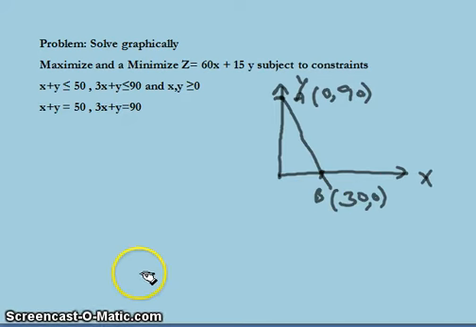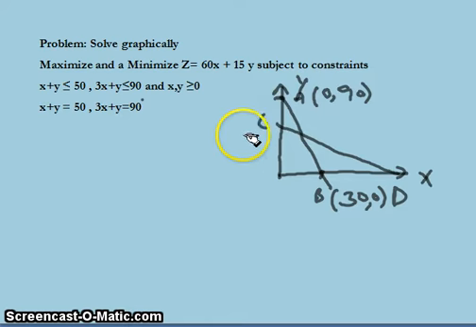The second line, which is x plus y equal to 50, can be drawn as a line with points D and C. The point C has the coordinates 0 and 50, and point D has coordinates 50 and 0. Now we define this intersection point as E, and this is O, that is your origin.